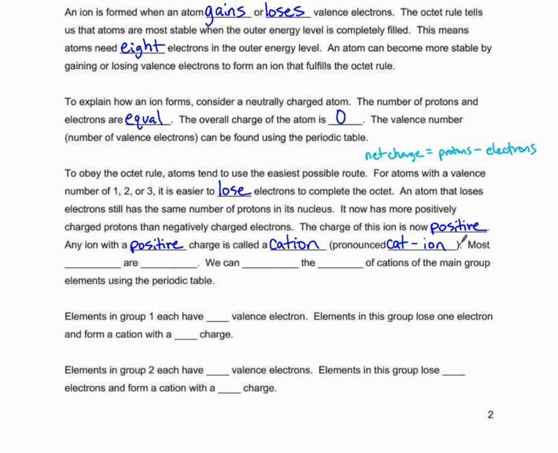It is cation. So what we find is that most cations are metals. Metals tend to be towards the left side of the periodic table, tend to have 1, 2, or 3 valence electrons. And they also tend to be towards the bottom of the periodic table.